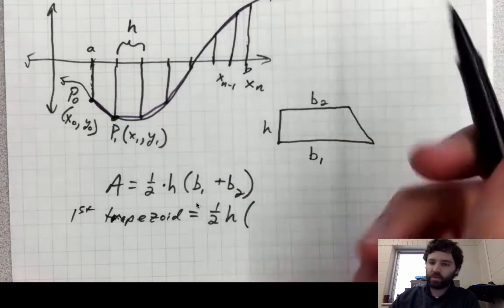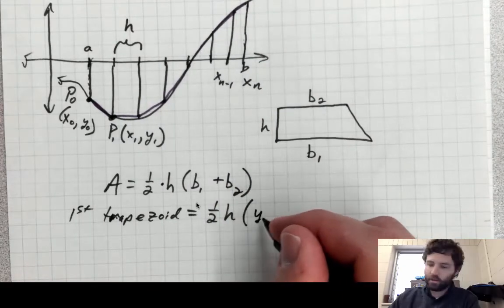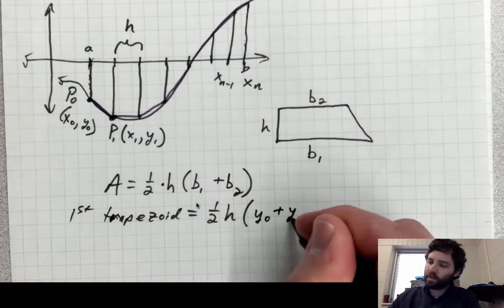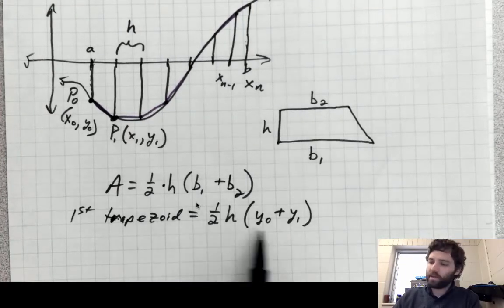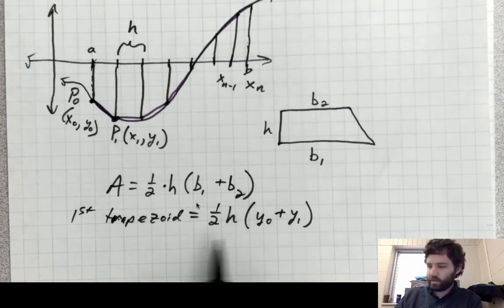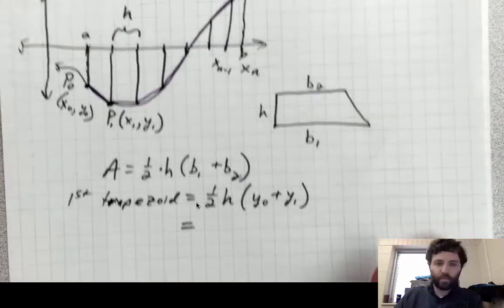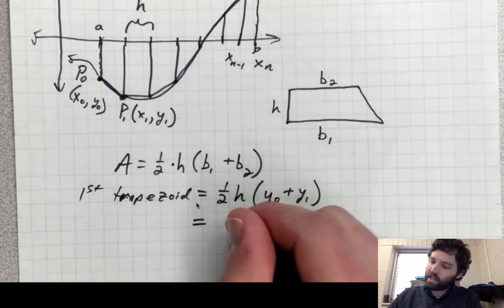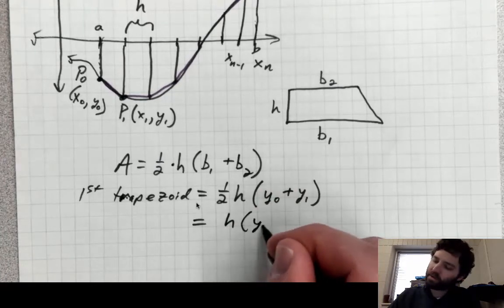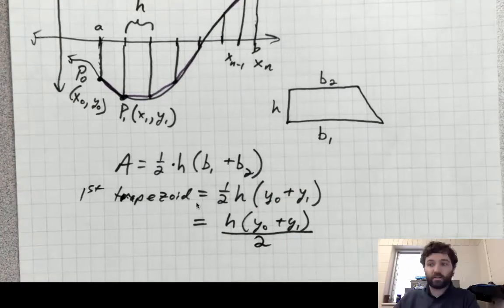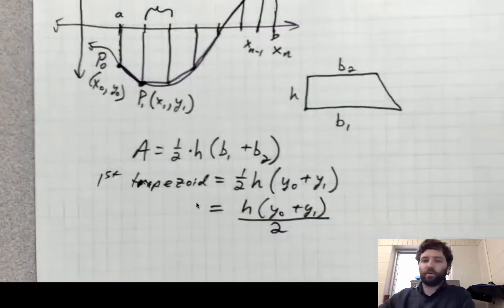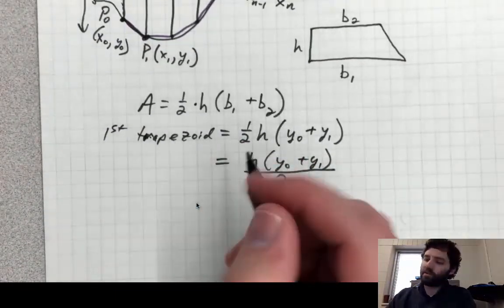Those are our two bases, so let's write that out: y sub 0 plus y sub 1. We can write this a little bit differently, because that's how the formula ends up. We can write this as h times y sub 0 plus y sub 1 over 2, although it's really just semantics. So there's the area of our first trapezoid.